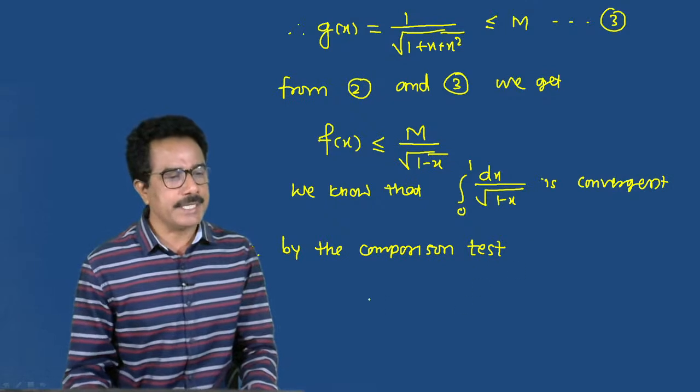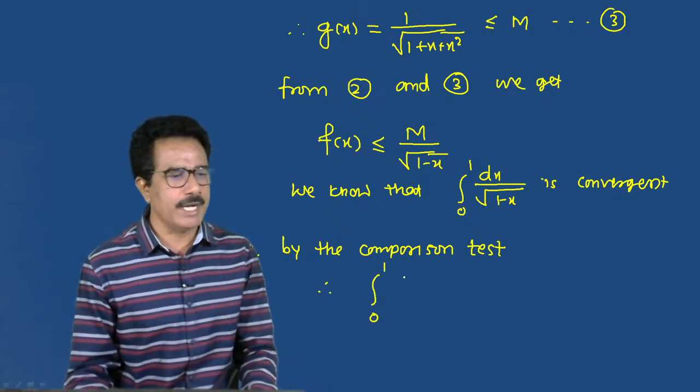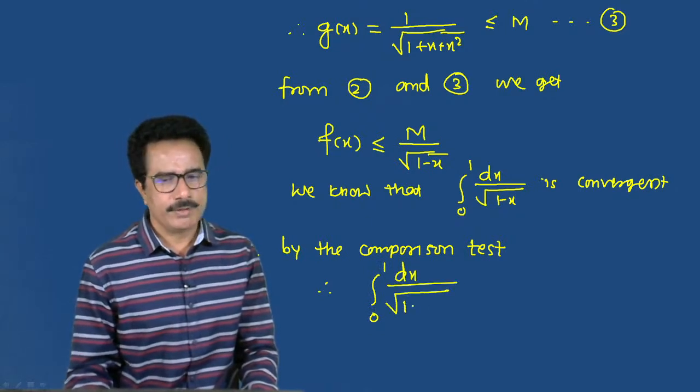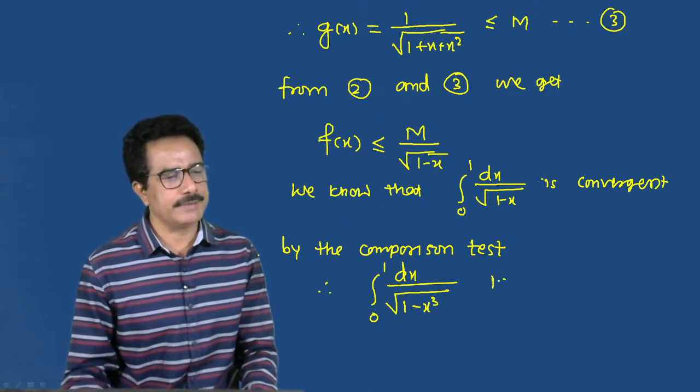By the comparison test we can say that the integral from 0 to 1 dx divided by root of 1 minus x is convergent.